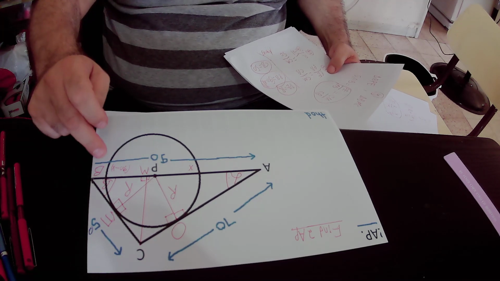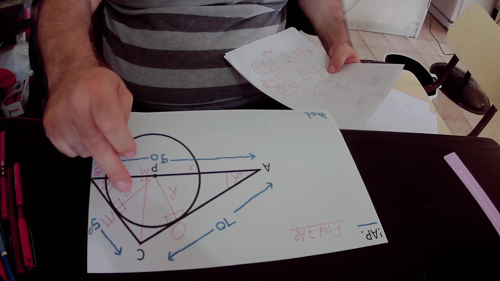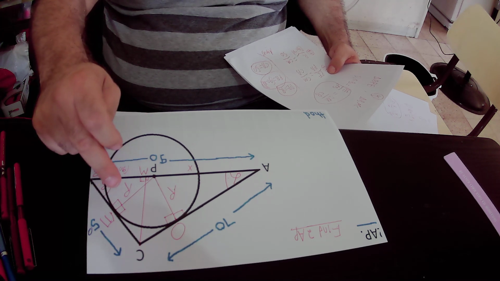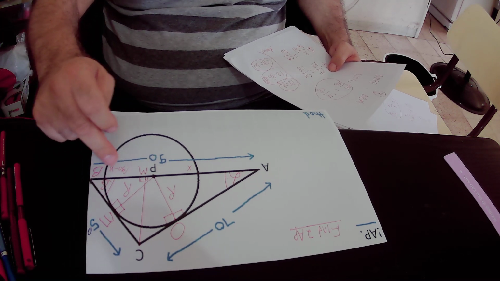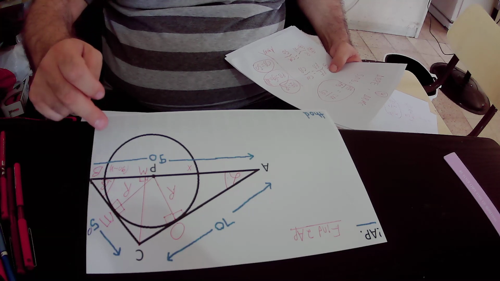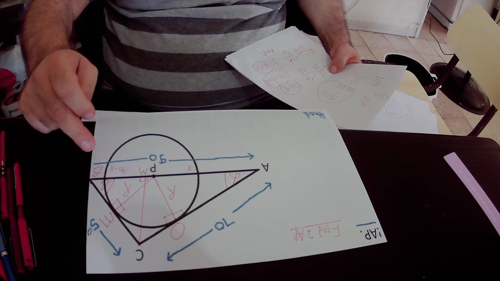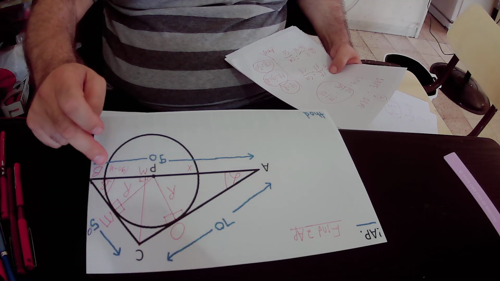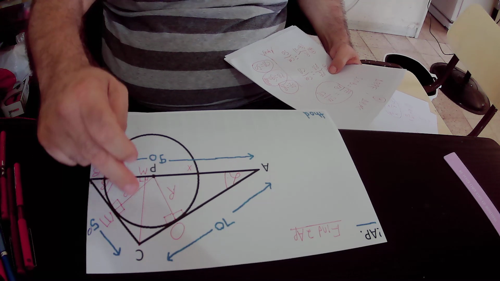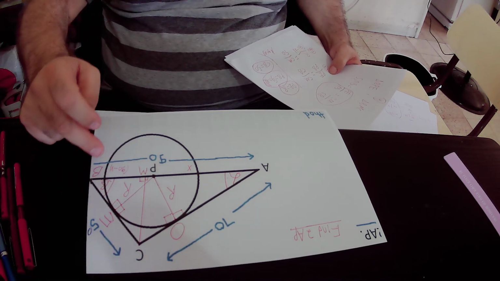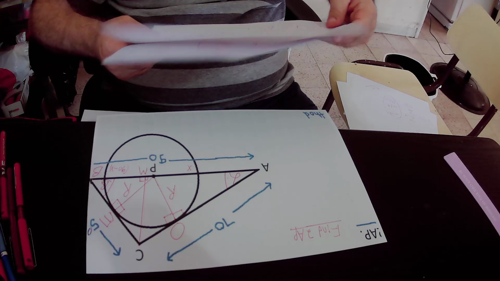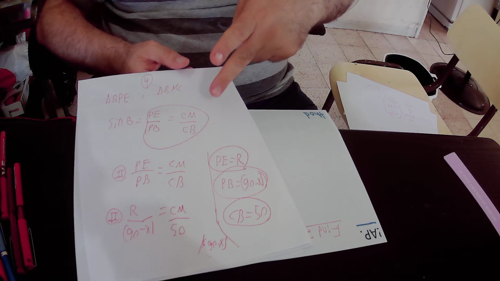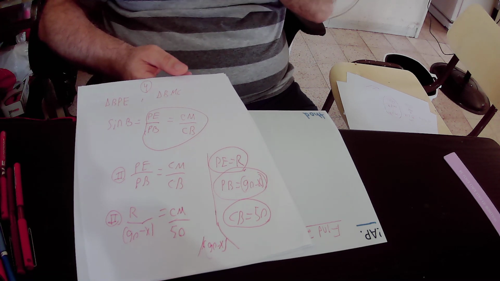So in the right triangle BPE, sine beta equals PE over PB, and in the right triangle BMC, sine beta equals CM over CB. In total we have that sine beta equals PE over PB, which equals CM over CB.